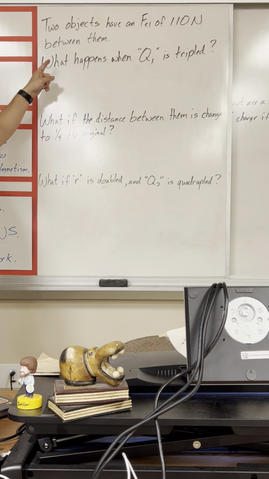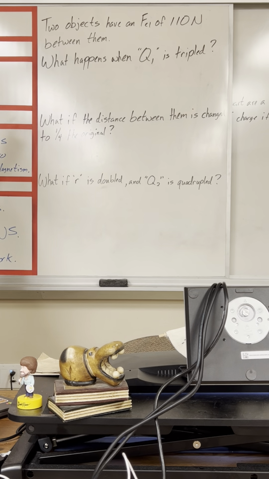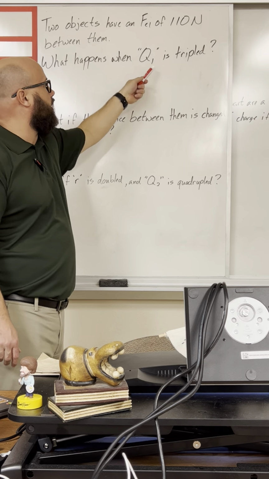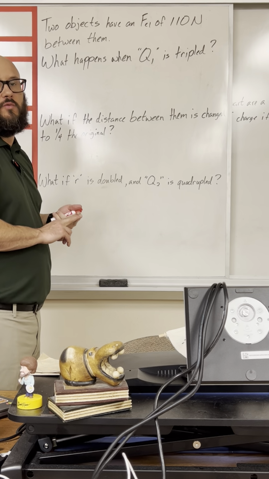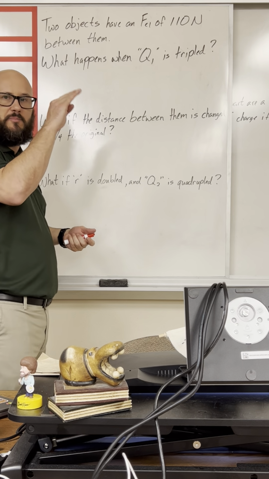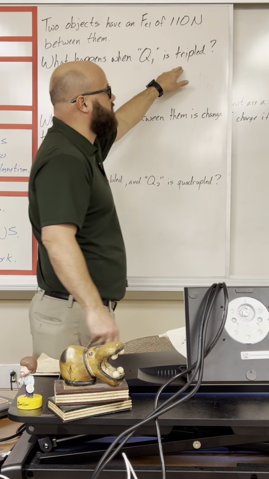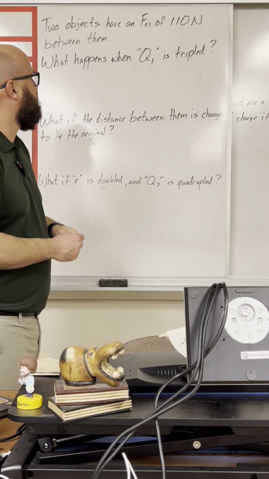Two objects have an electrical force of 110 newtons between them. What happens to the force when Q1 is tripled? Well, Q1 and Q2 are both in the top of our formula. So if they're tripled, the force gets tripled. It's a direct relationship.